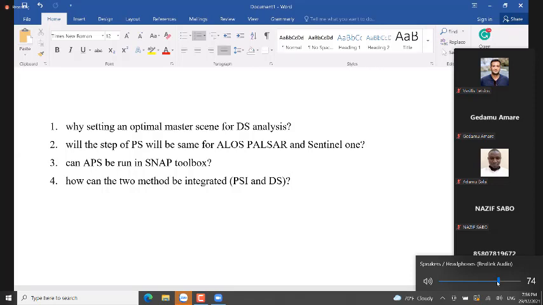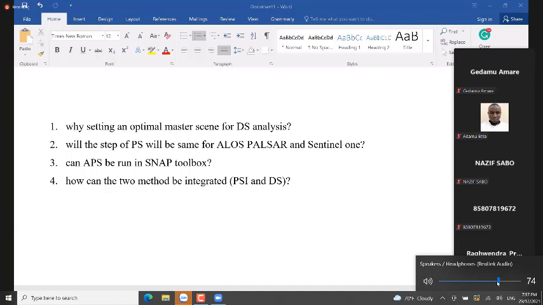Will the step of PS processing be the same for ALOS, PALSAR, and Sentinel-1? Yes, that is the same. The general processing is the same for all of the different data sets. And can APS be run in the SNAP toolbox? No. SNAP, to the best of my knowledge, is only doing InSAR processing, not PS InSAR and multi-baseline methods.